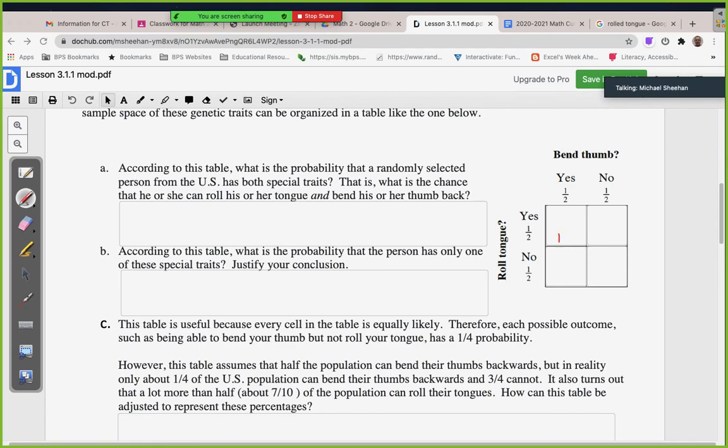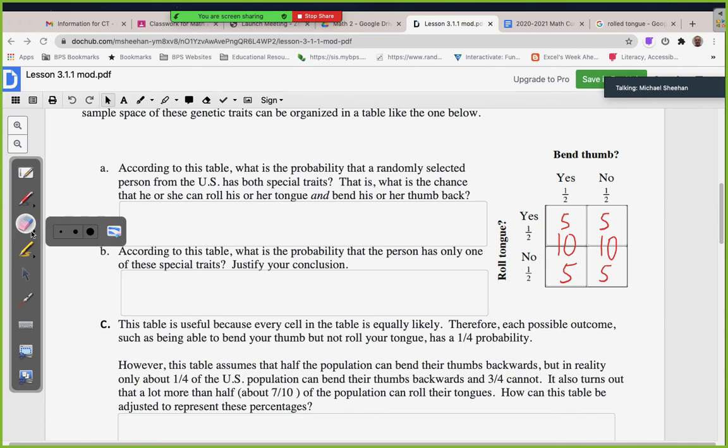So there's 10 people are yes and 10 people are no. But out of these 10 people, half of them can roll their tongue and half of them can't. So there should be 5 people here that can and 5 people here that can't, 5 people here that can and 5 people here that can't.